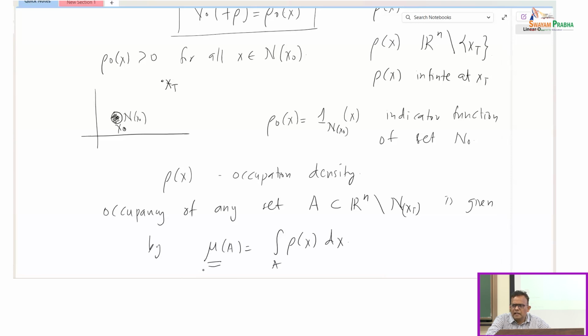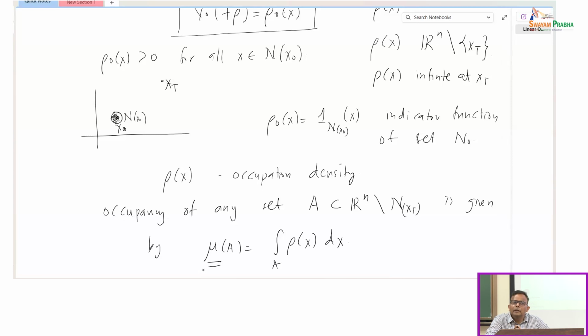Okay, it is characterized by this mu of A. So if mu of A is 0, that means almost all trajectories starting from the initial set x0 will spend 0 time in the set A.